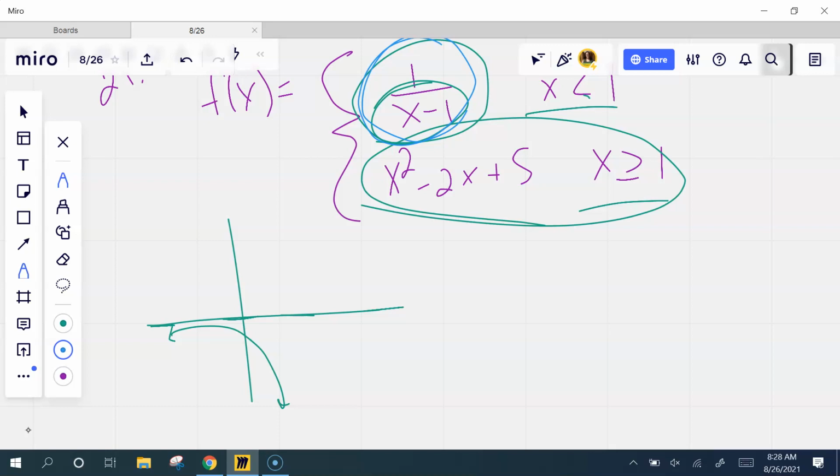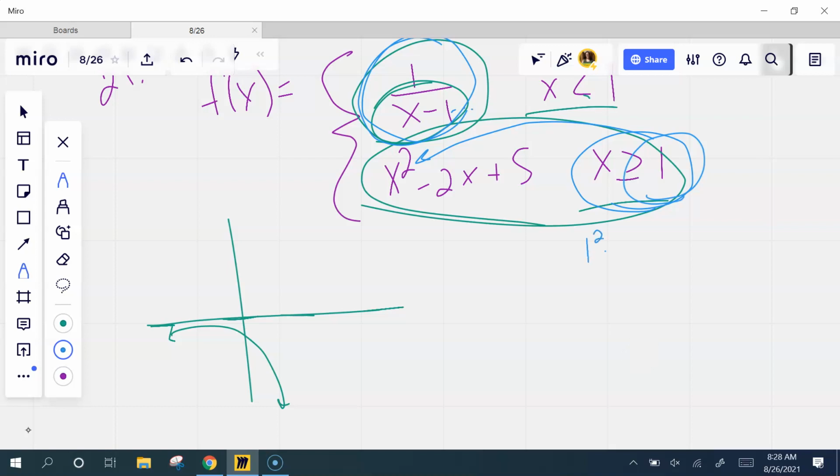Piecewise. This is the other way that I teach students to graph it, whichever way is easiest. I call this the eraser method, where you erase the part that doesn't apply. Or you can take the boundary. It doesn't work with this one, but here you can take the boundary and plug it in to find your starting point, where that cutoff is going to happen.